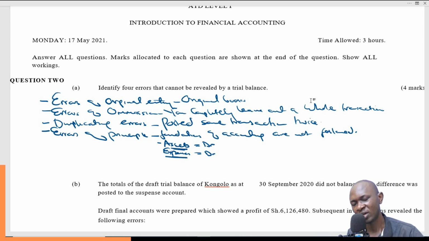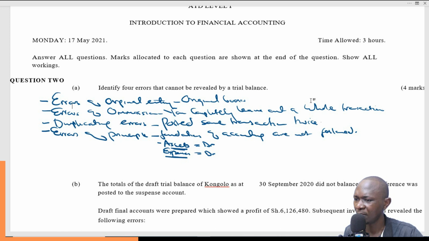For example, motor vehicle expenses. Instead of posting motor vehicle expenses to the motor vehicle expenses account, you post motor vehicle expenses to the motor vehicle account. You see, that's an error of principle because expenses should go to expenses. It should not go to assets.